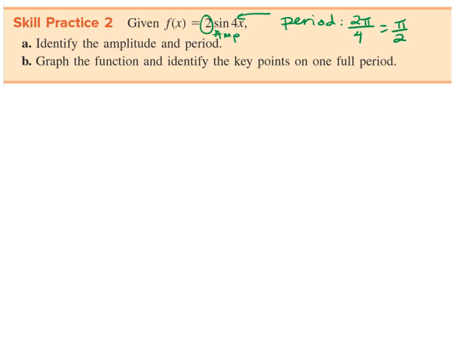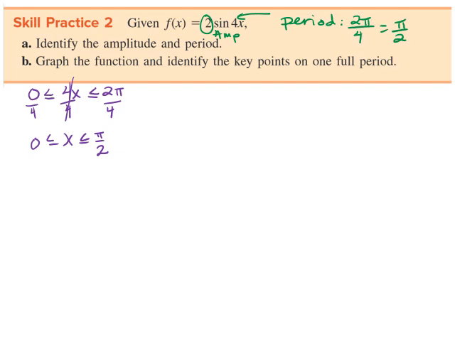So we can use that little interval I was showing you a few slides ago and sandwich the argument in between 0 and 2 pi, and then solve for x. And the way we'll solve for x is dividing everything by 4. So 0 is less than or equal to x is less than or equal to pi over 2. This means that one full cycle will occur between 0 and pi over 2.